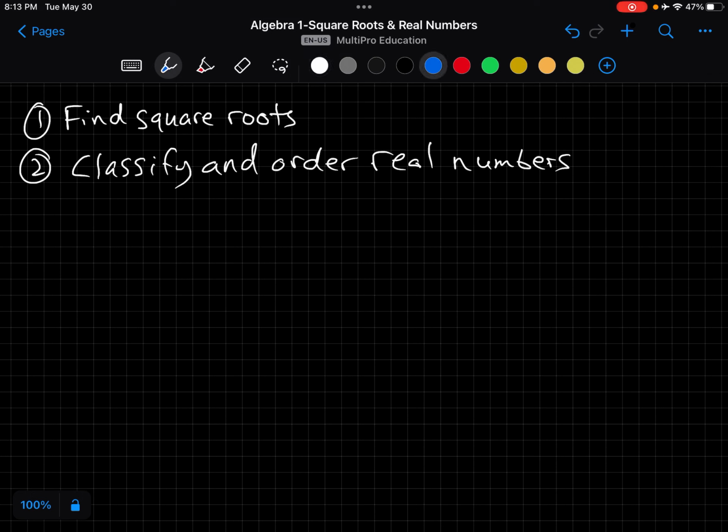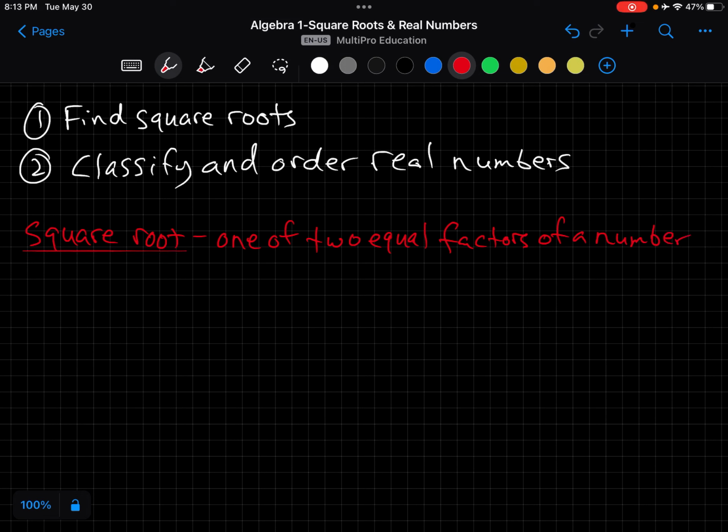Alright, so let's go ahead and dive on in and let's do some definitions. Let's look at square root. Well, we know it doesn't have to do with trees, so what is a square root? This is one of two equal factors of a number.